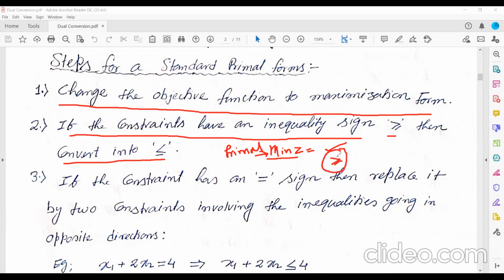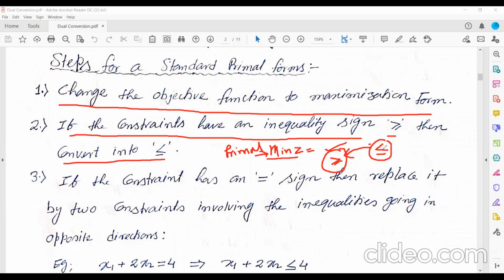And if this inequality sign is not present, say in the constraint less than or equal to is there, then first you need to convert it into what? Greater than or equal to, by multiplying by minus sign on both sides.